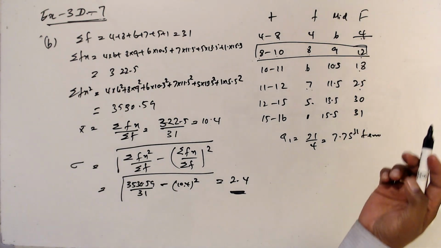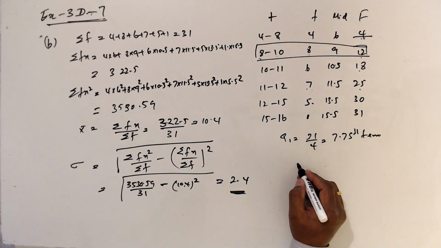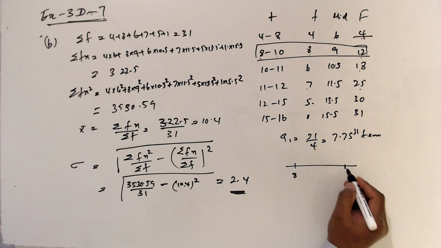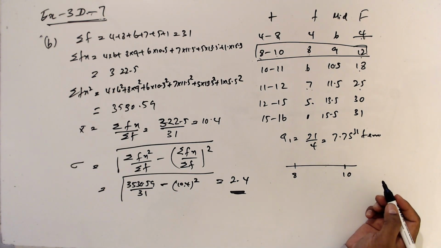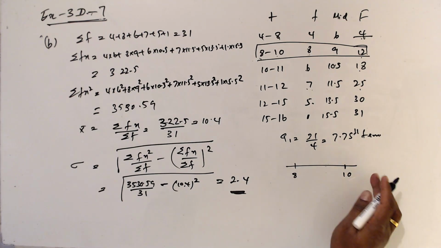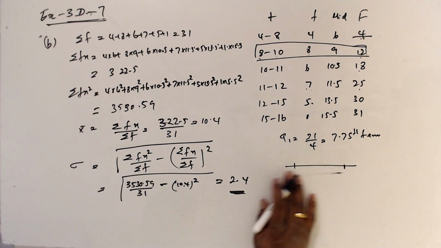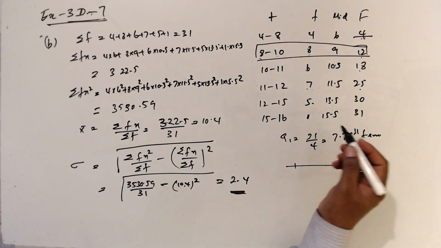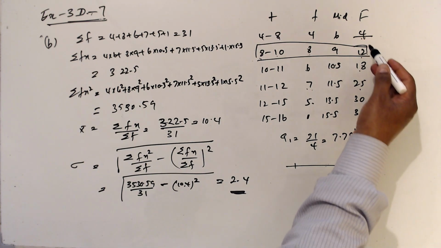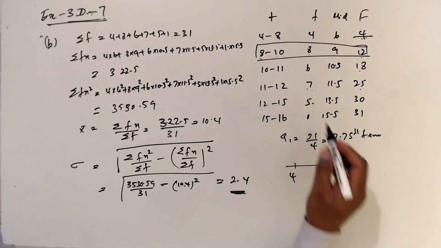4, 5, 6, 7. So basically, one boundary is 8, the other boundary is 10. The cumulative frequency here is 4 and the upper bound is 12.